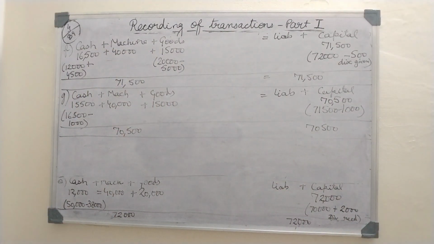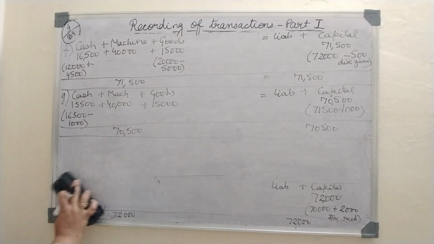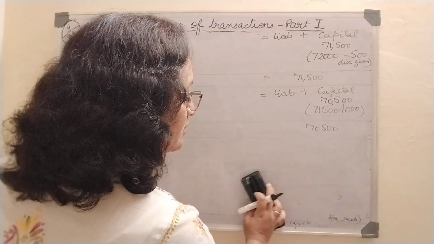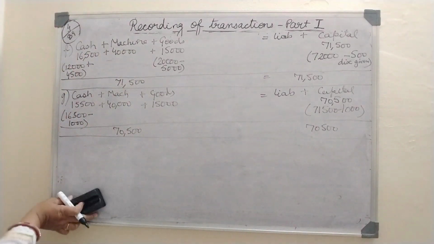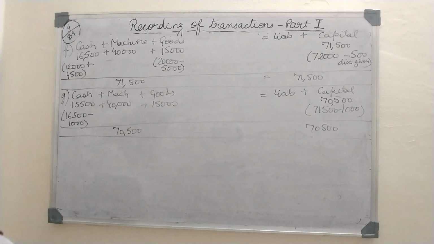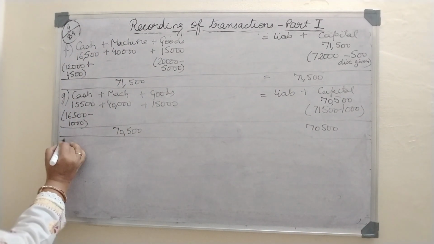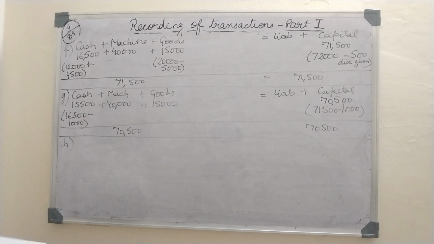Okay, so now we have come to the last part of the question, that is H part. H part says commission received in advance. Whenever we are receiving anything in advance, we write it under the liability head.